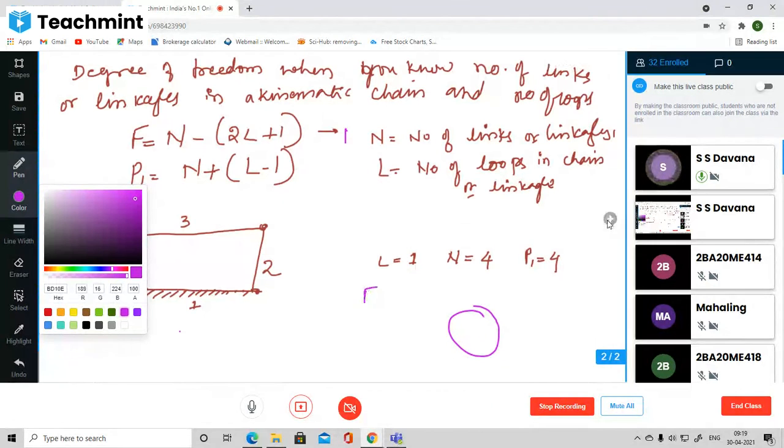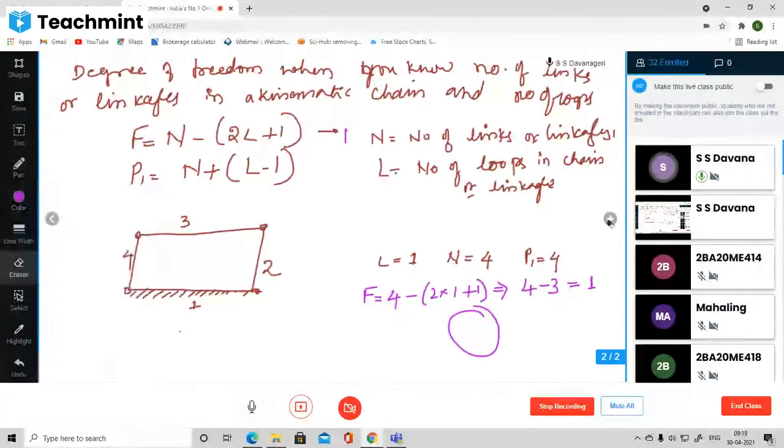We have 1 degree of freedom for this. N equals 4, minus 2 into 1, plus 1. Now find out how many degrees of freedom you get. 4 minus 3, 1 degree of freedom, right? Clear.